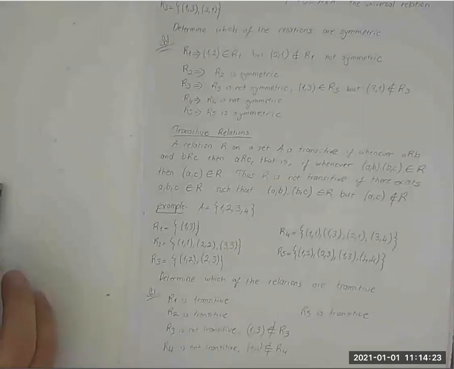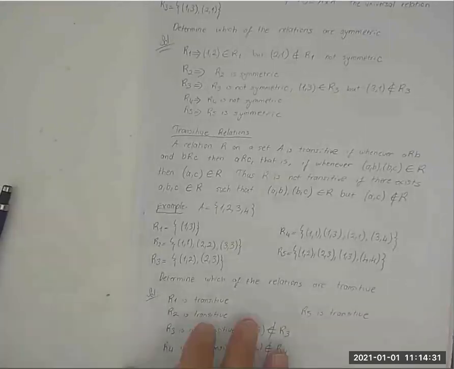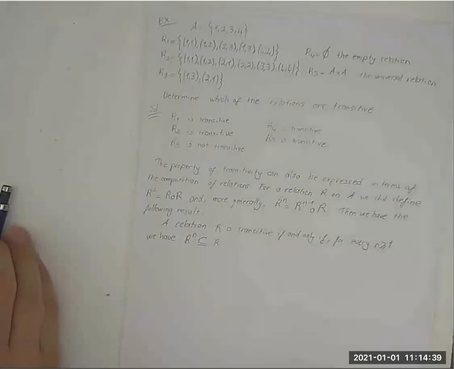R1 is transitive because there is only one pair.